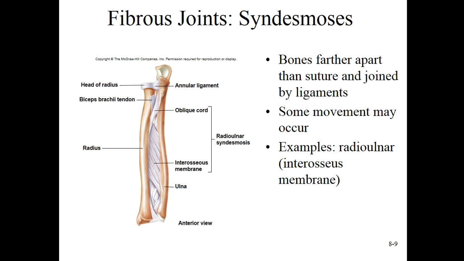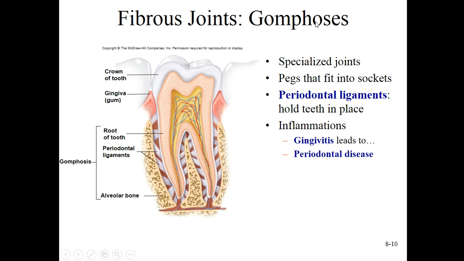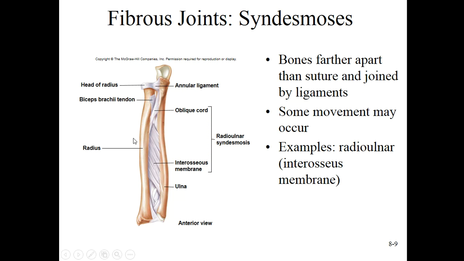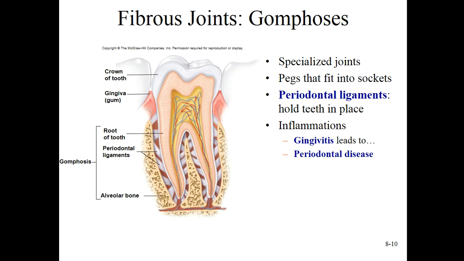It has created a way to keep these two bones pretty well parallel while allowing one to spin over the top or cross over the top of the other. This so-called interosseous membrane is an example of a syndesmosis. We also have syndesmosis, by the way, between the tibia and fibula. But for obvious reasons, the fibers are tighter and shorter, so we have a little bit of pronation, supination kind of movement down in the foreleg, but not nearly what we see in the forearm.